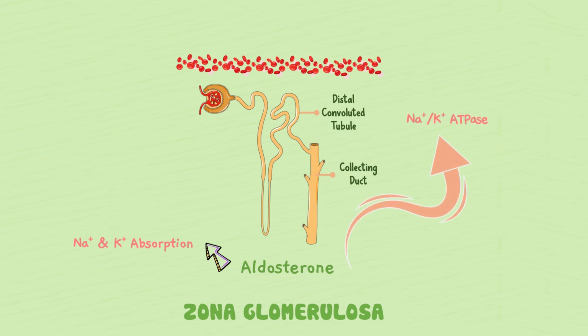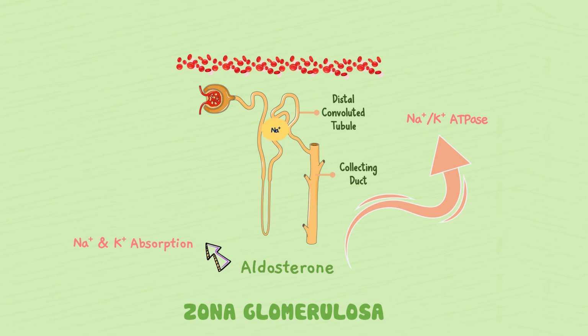It increases the expression of the sodium-potassium ATPase pump. Potassium from blood moves into cells, thus entering tubule and excreting out in the urine. What happens to the sodium then? Well, sodium ions move in the opposite direction, from cell into blood, to maintain the concentration gradient.